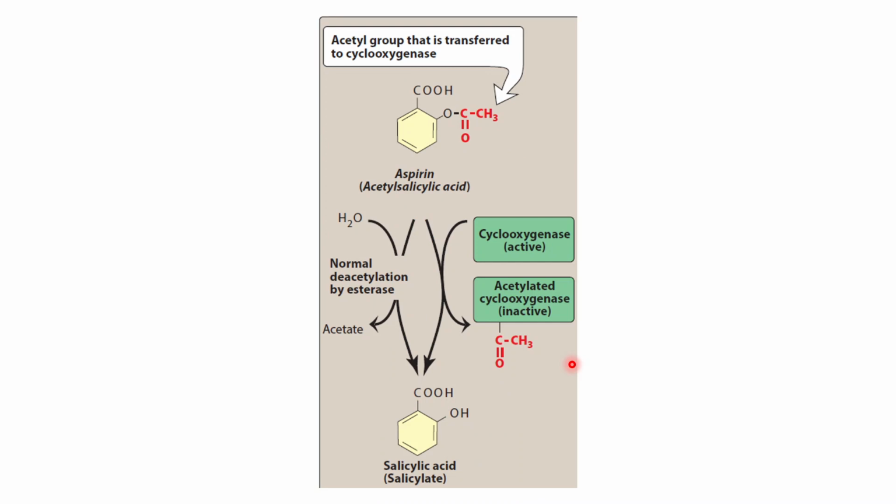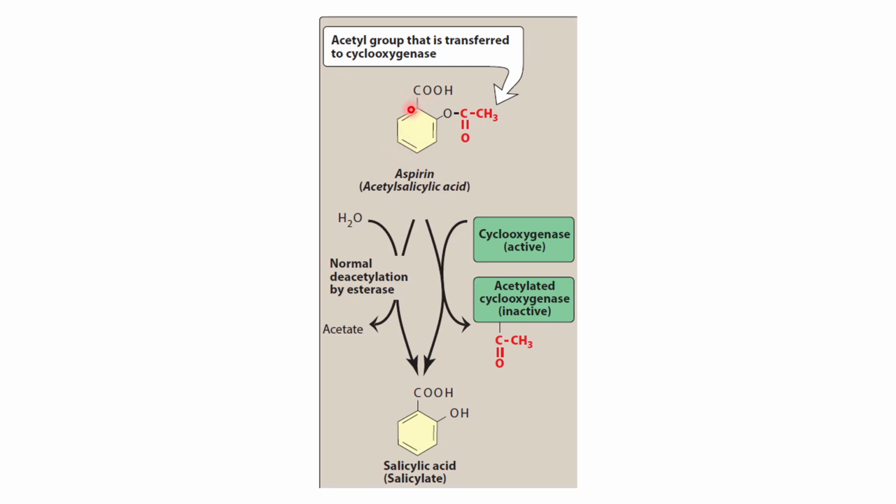And I will start with the aspirin, that is acetylsalicylic acid, and the chemical formula is here. So we have an acetyl group, and then the ester link, and then we have a salicylic acid that is actually the aromatic acid.